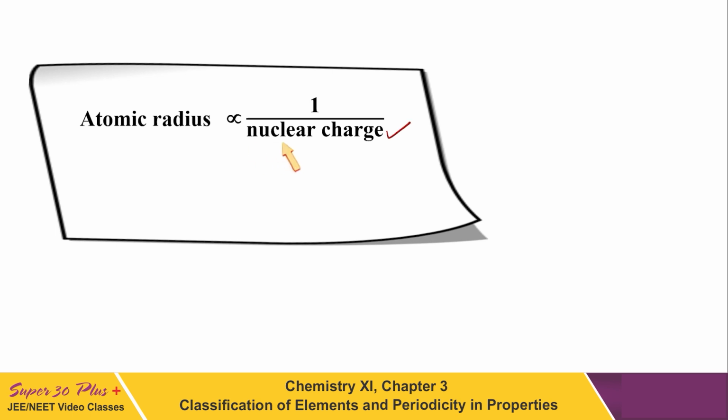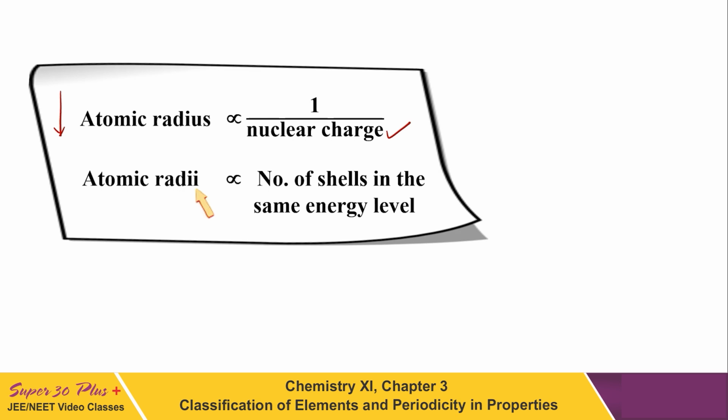If you increase the nuclear charge, there will be a decrease in the atomic radius, and also atomic radius is proportional to the number of shells. When the number of shells increases, atomic radius also increases. With the increase in number of shells, atomic radius increases, and it is very clear and very easy to understand. If you increase the shell from 1 to 2, radius will increase. If you increase the shell from 2 to 3, radius will increase, and from 3 to 4, radius will definitely increase.